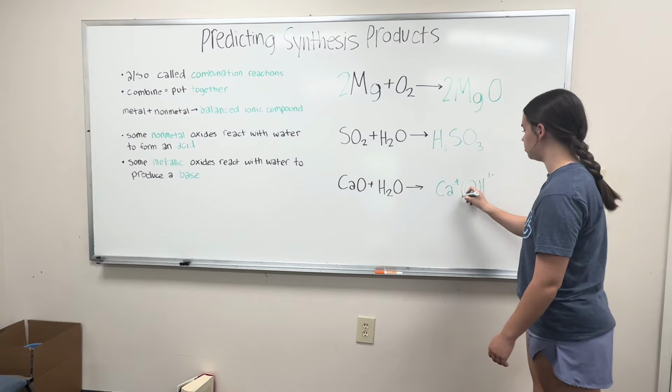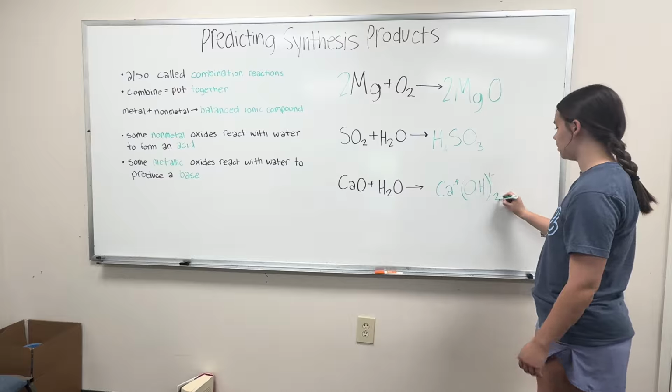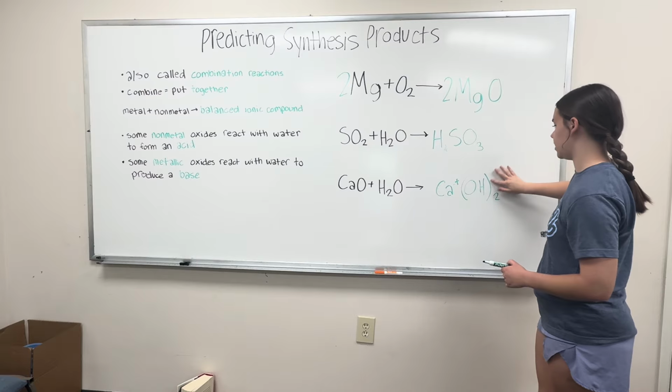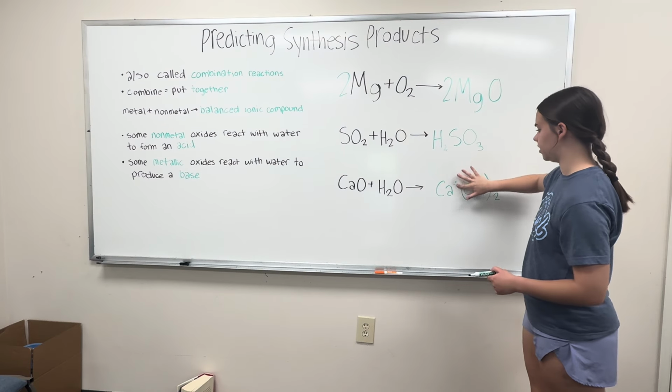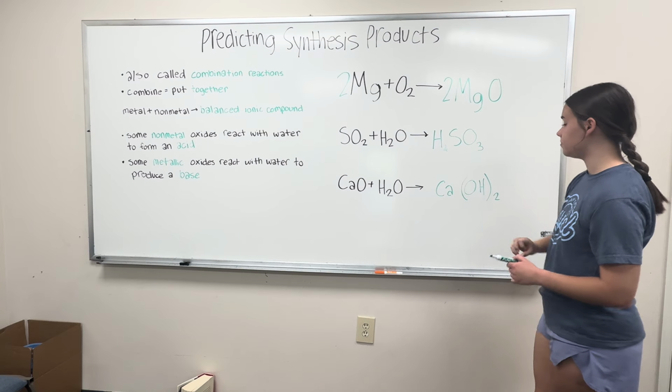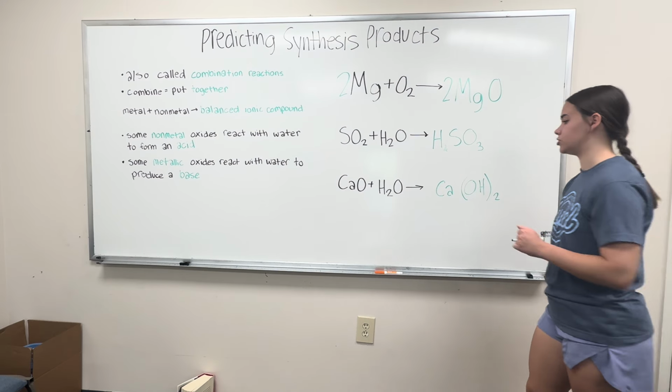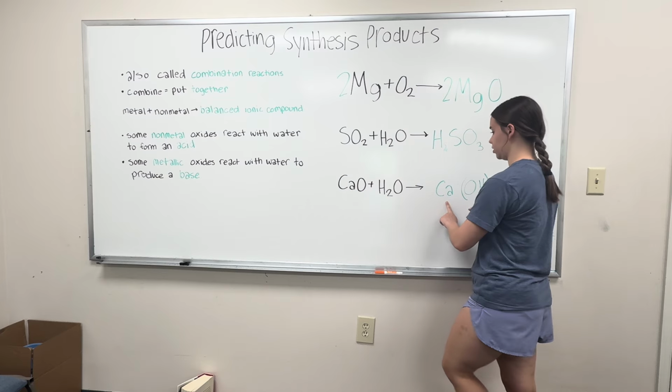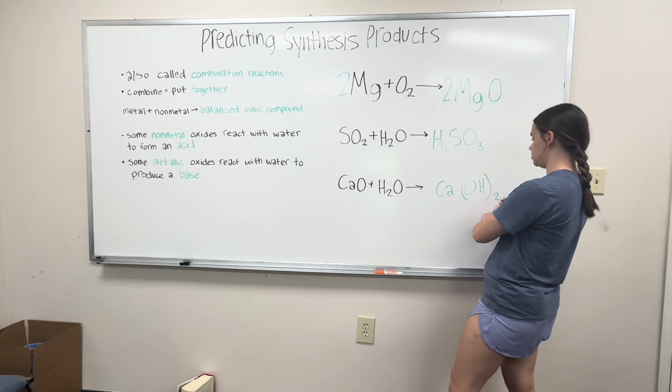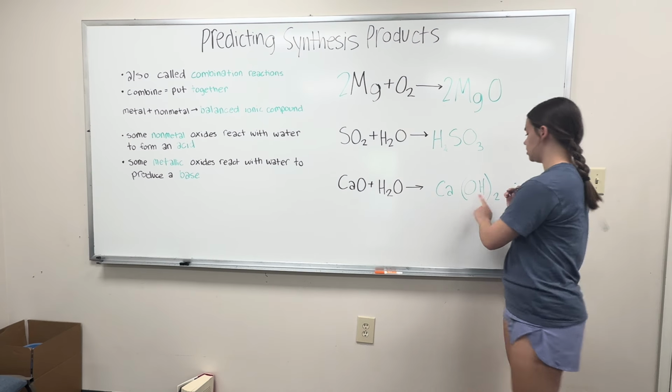I'm going to need 2 of these OHs. So now I am balanced because this is a 2+ and this is a 2-. Now I'm going to look over here to make sure I'm balanced, and I have 1 calcium, 2 oxygens, 2 oxygens, and 2 hydrogens, 2 hydrogens.